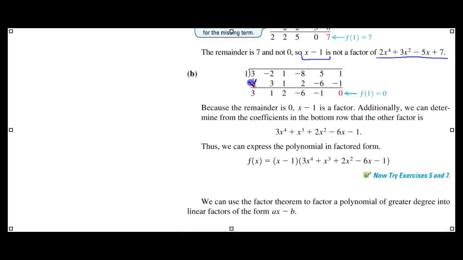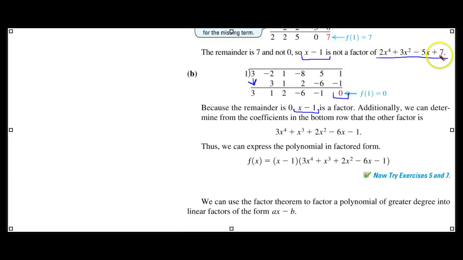We go through the process of synthetic division, but now we end up with a 0 as a remainder. Since 0 is the remainder, this then is a factor of this polynomial.